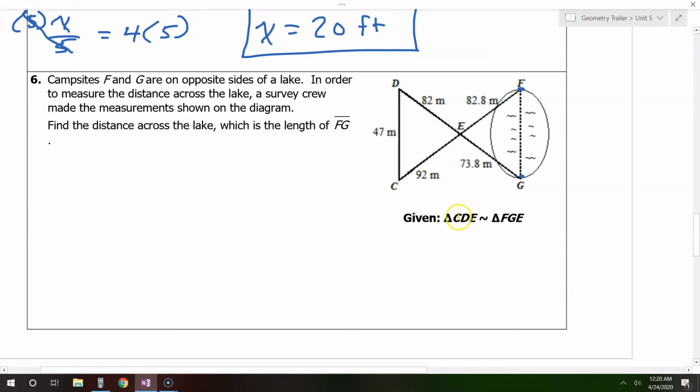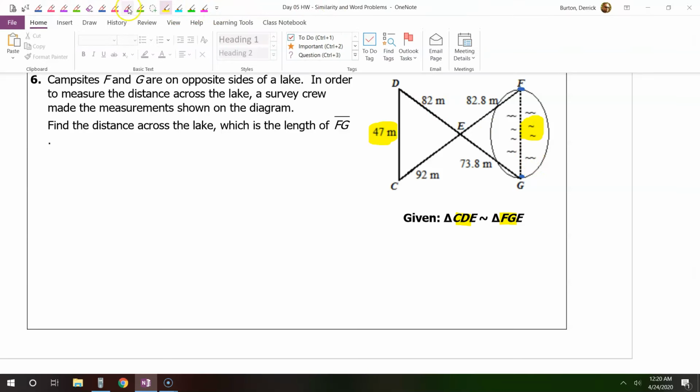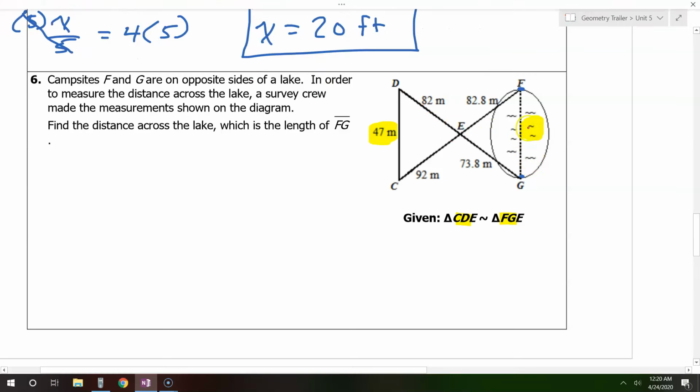For example, CD is right here, and that's going to correspond to FG, which is right here. Okay, so that's good to know. Let's keep that in mind. All right, that's especially good to know since FG is what we are looking for. So the 47 and the X are corresponding. But what else? What else is corresponding?